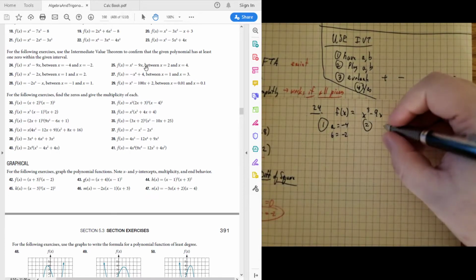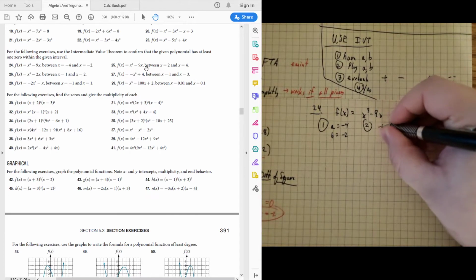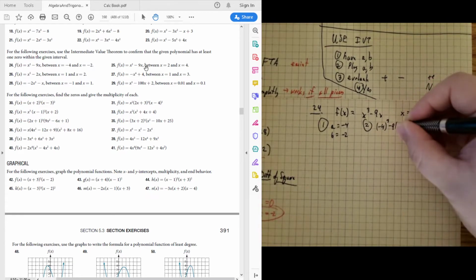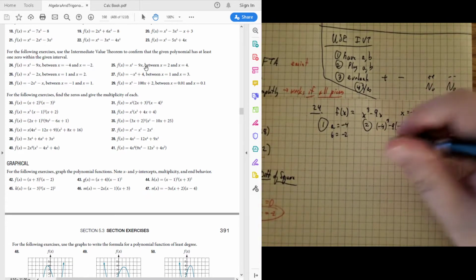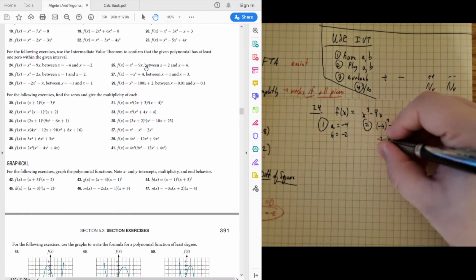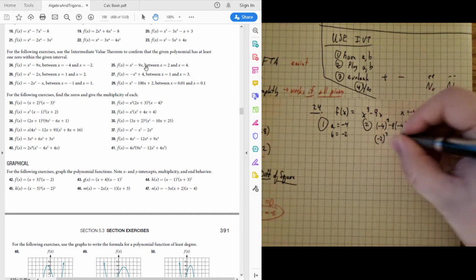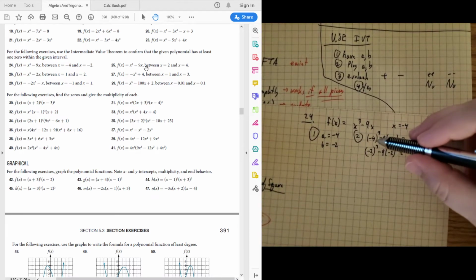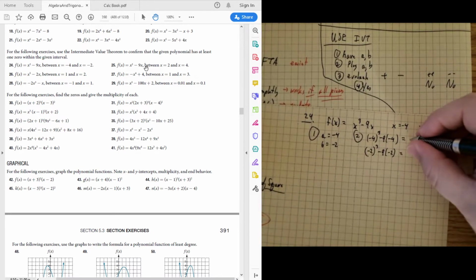Everywhere there is an x, we need to replace with negative 4. So negative 4 cubed minus 9 times negative 4. And then get an answer. And then we do negative 2 cubed minus 9 times negative 2. So this top one, negative 4 cubed is negative 64.